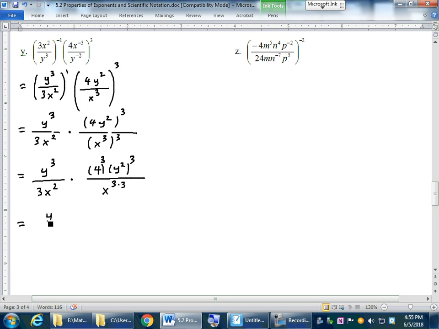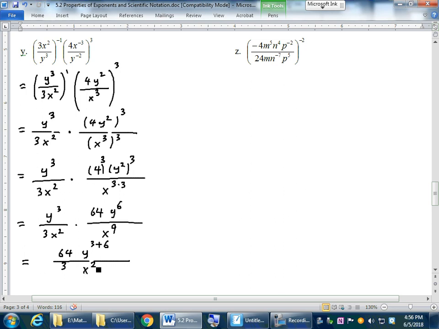So which gives us y to the third power over 3x squared times 4 to the third power, which is 64. And then exponent to exponent, we know that it will be multiplying, so 2 times 3 will be 6, y to the 6 over x to the 9. So finally, 64 over 3, and then y is multiplying the same base, so it'll be adding the exponents.